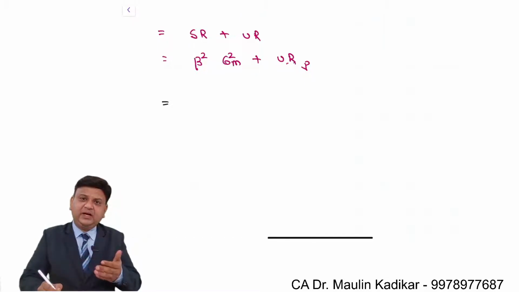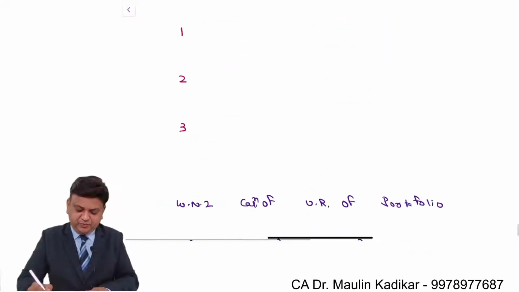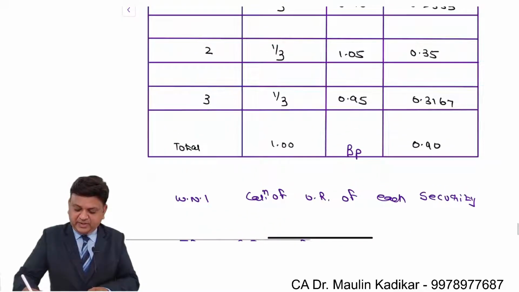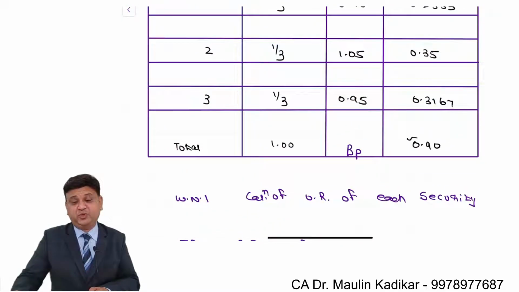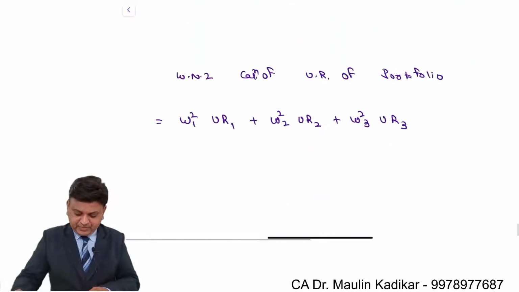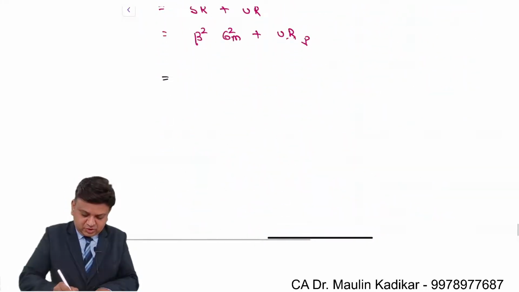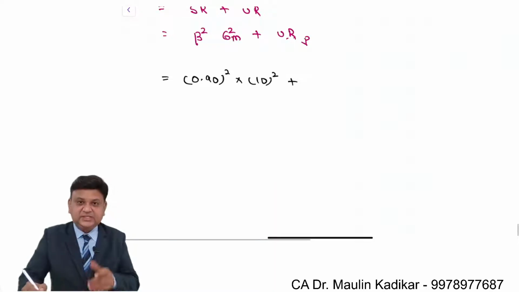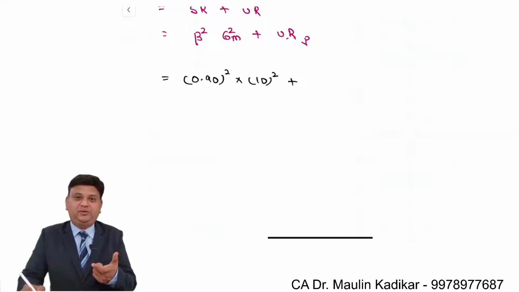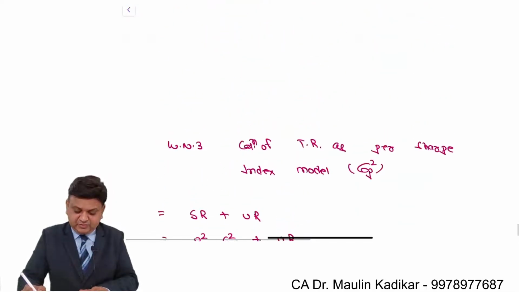What is the beta? You can see that the beta of the portfolio has already been found by us. Otherwise, we are supposed to calculate it over here. So over here, square of 0.90 into square of 10. This is the systematic risk of the portfolio plus unsystematic risk of the portfolio.